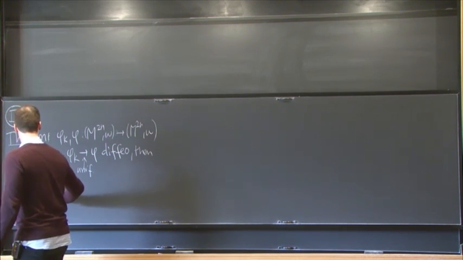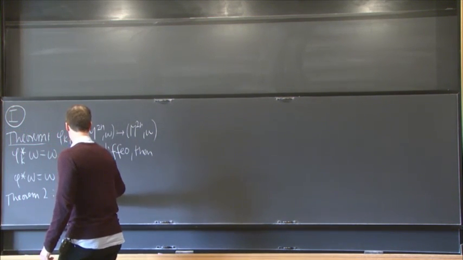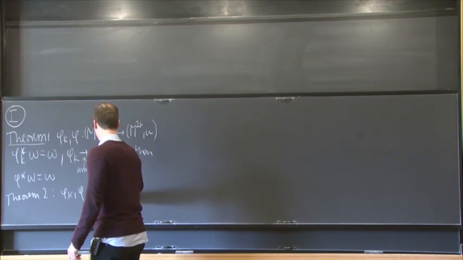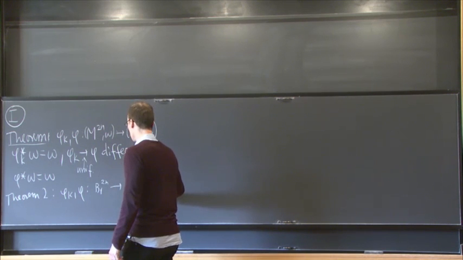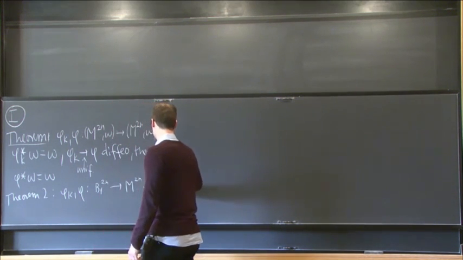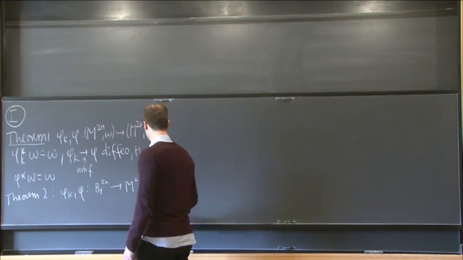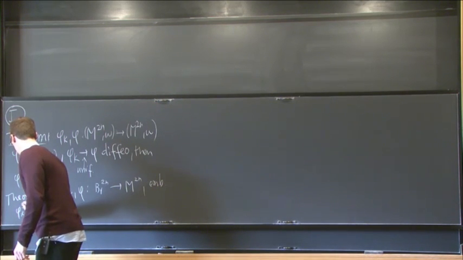A stronger statement is the same thing for embeddings. Let's see, we have a ball, and their embeddings, and they're all symplectic.